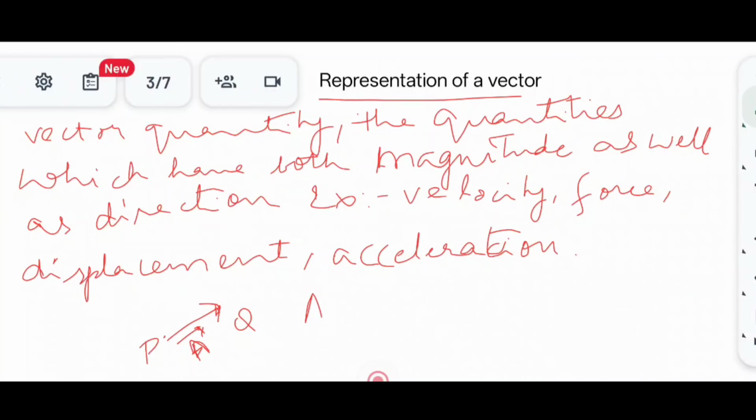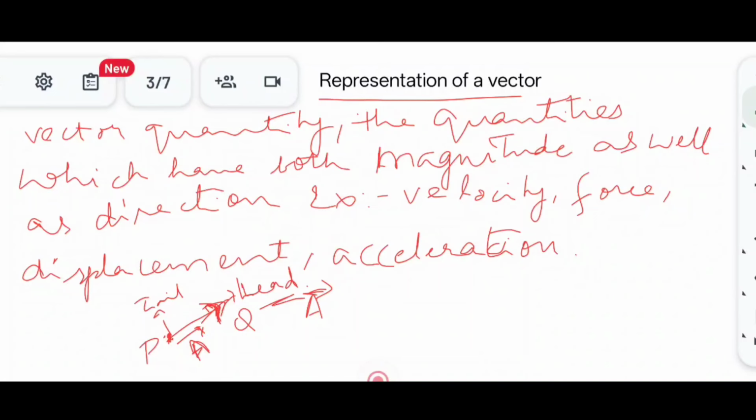So a vector is always given by a letter with an arrow notation on top. This part is the tail of the vector, and this is the head of the vector. The origin is the tail, and the ending with the arrow mark, showing it is moving in this direction, is the head of the vector. This is how it is represented.